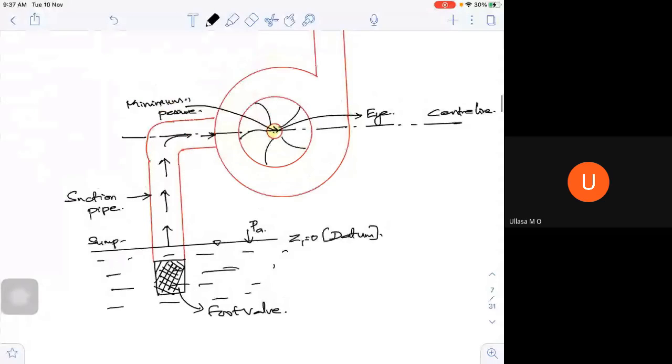Now what will happen? Once the flow goes in, the fluid starts coming in all directions like this. Then it will go up in this direction.